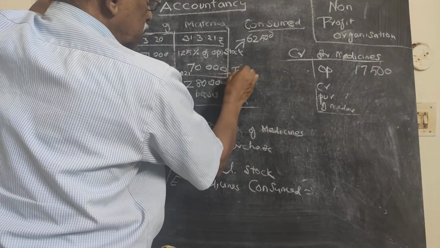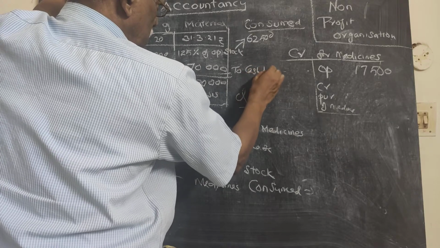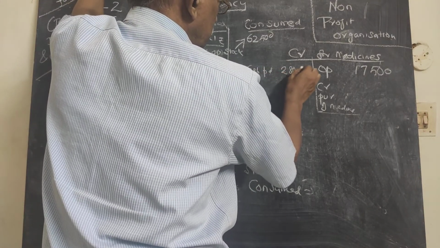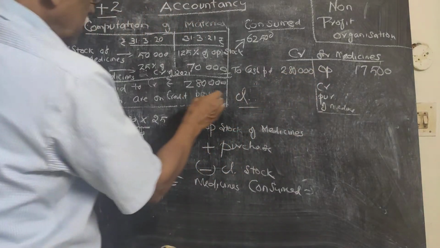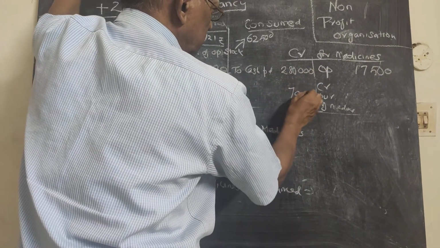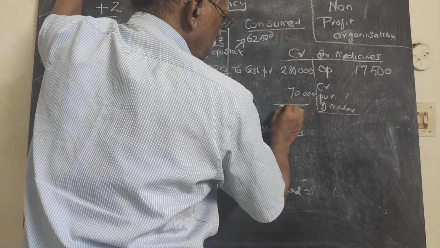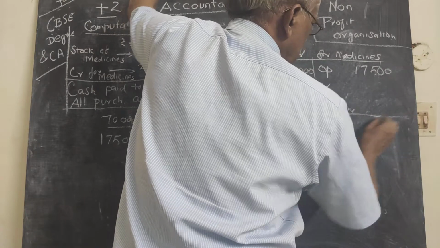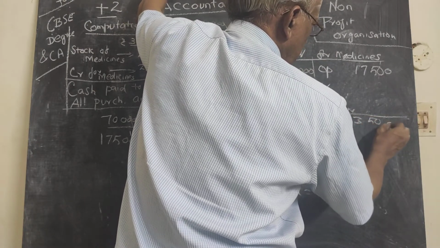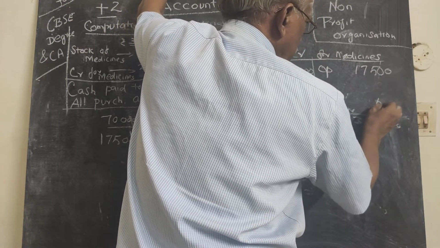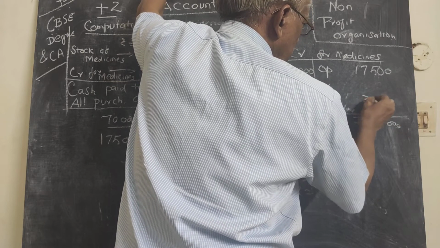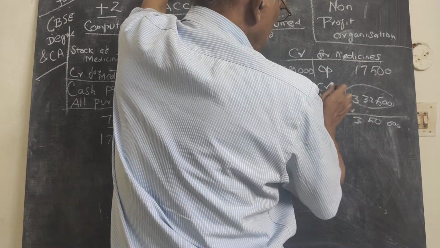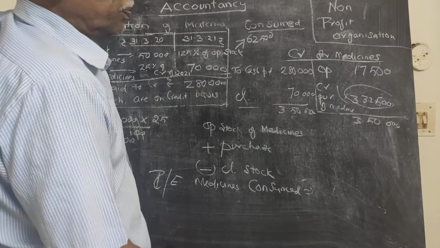Cash paid is given as 2,80,000. Closing creditors 70,000. The total is 3,50,000. Therefore, this will be 3,32,500, the credit purchase of medicines.